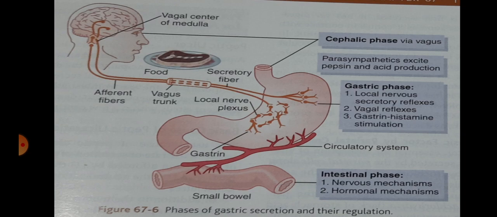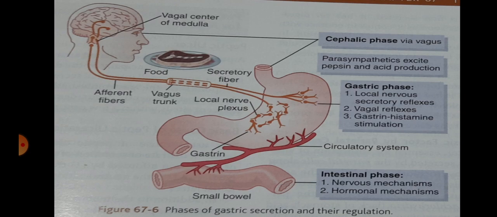The functional purpose of intestinal factors that inhibit gastric secretion is presumably to slow passage of chyme from the stomach when the small intestine is already filled or already overactive.